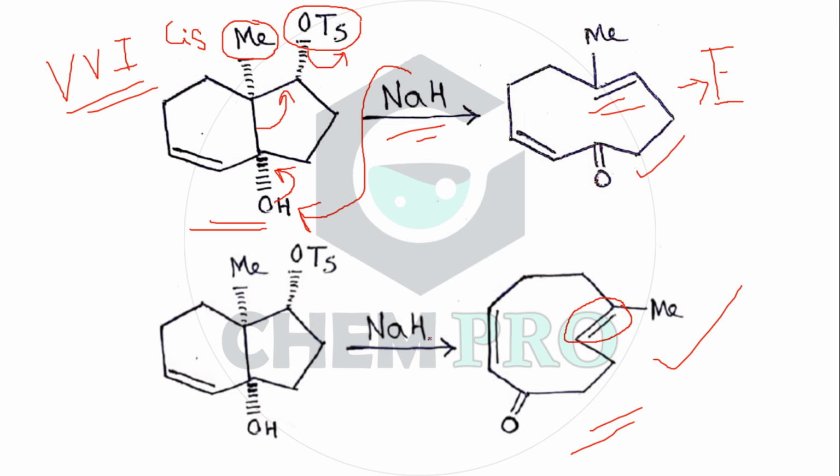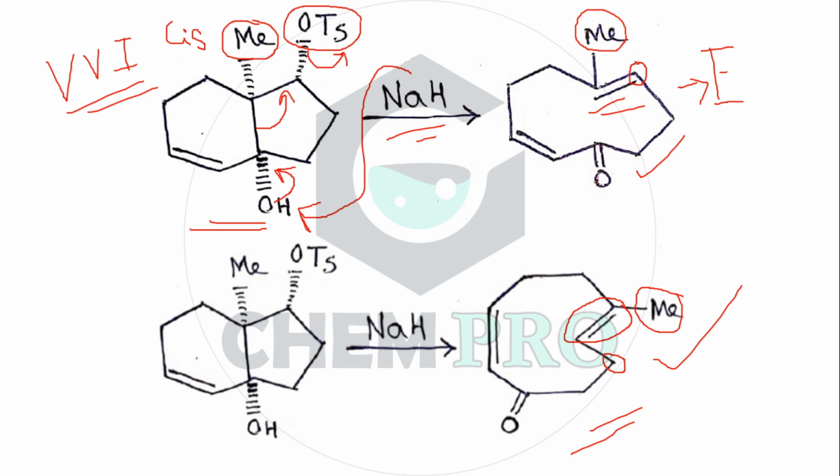alkene. But the problem is the position of the methyl group, so the methyl group will be syn to this carbon or anti to this carbon.